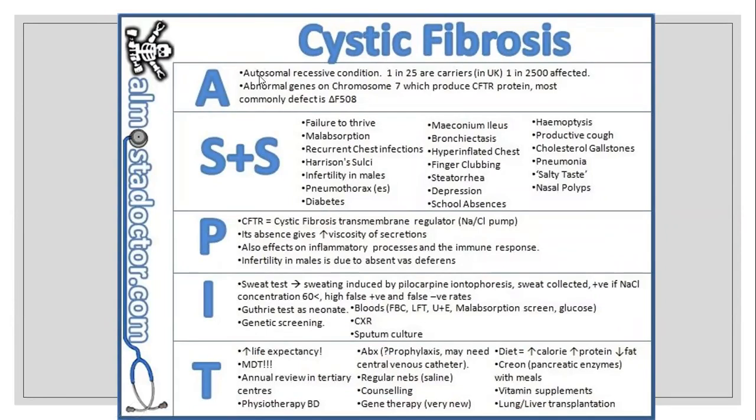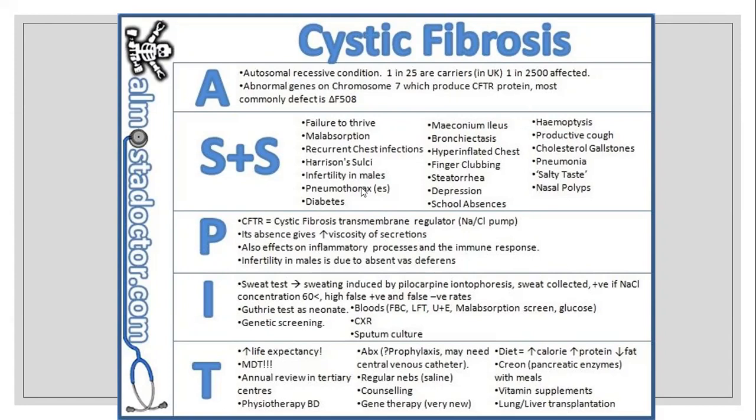Cystic fibrosis is an autosomal recessive disorder. It is a genetic disorder in which the lungs and digestive system get blocked with excess mucus secretions, right? An abnormal gene affecting chromosome number 7 produces the CFTR defect, the cystic fibrosis transmembrane regulator gene defect.